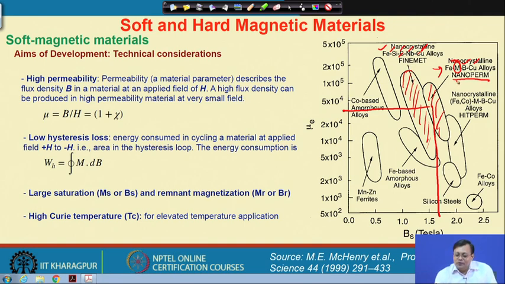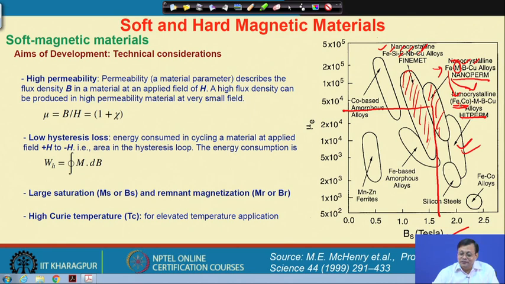And furthermore, it has continued and derived another new set of Hitperm alloy. Hitperm has very high saturation magnetization values, and in this case instead of iron it is iron cobalt. So, definitely adding another atom, there must be some exchange coupling between these two atoms like iron and cobalt.